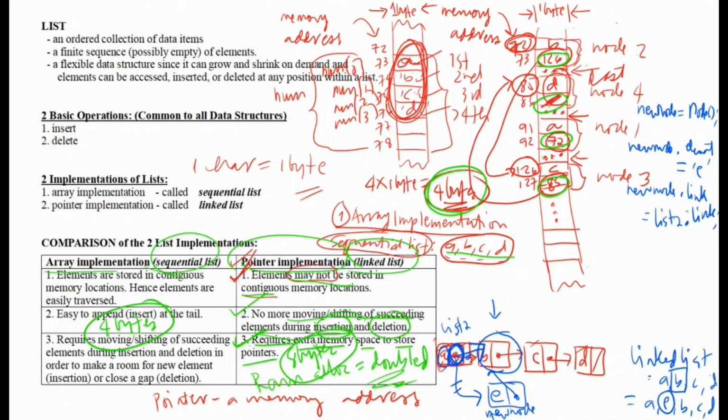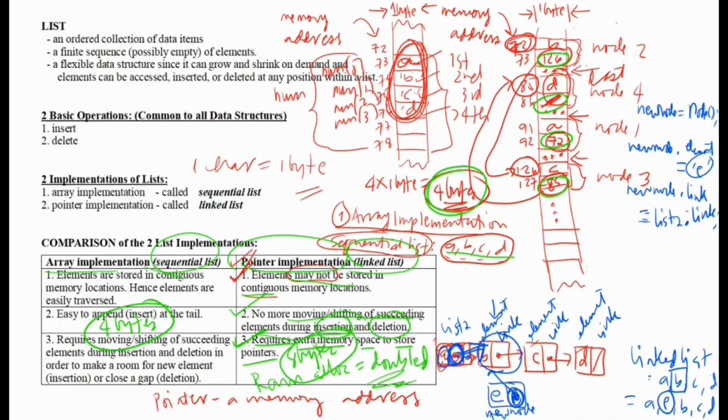Okay, so let's remove that. So new node dot element is E. This is the element part, and this is the link part: element, link, element, and link. So you say new node dot link gets list2 dot link, or it points to where list2 is pointing.